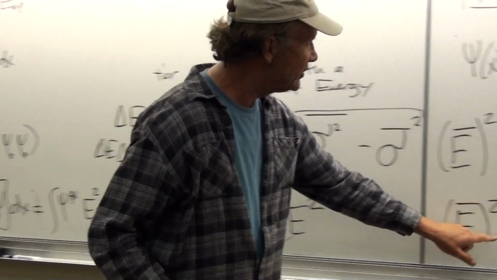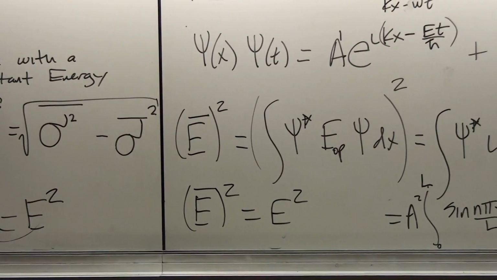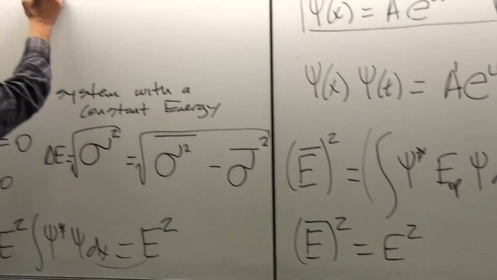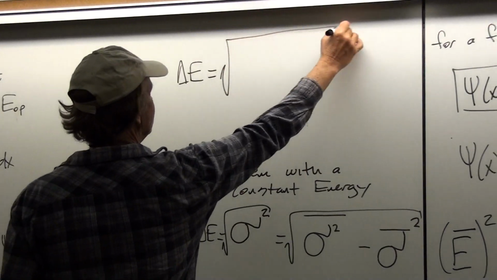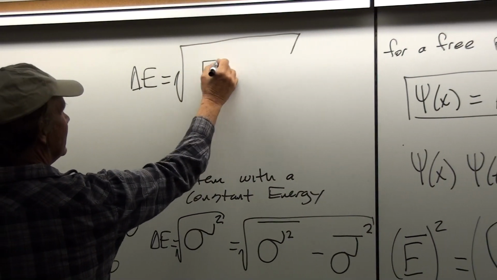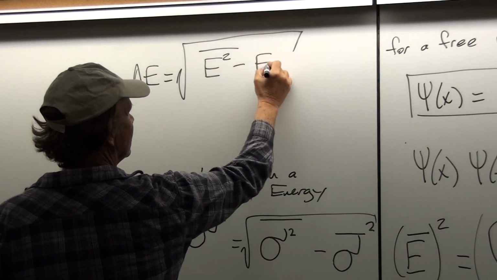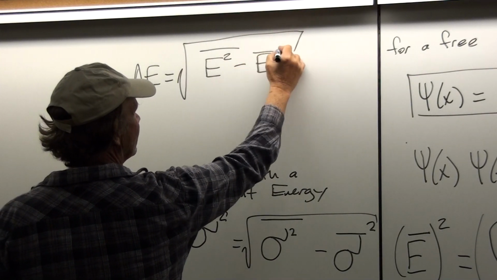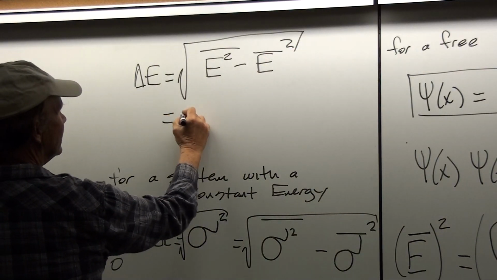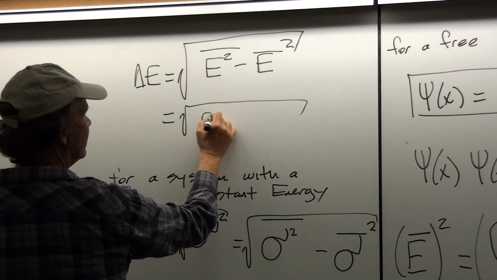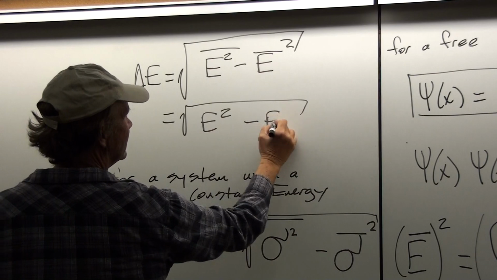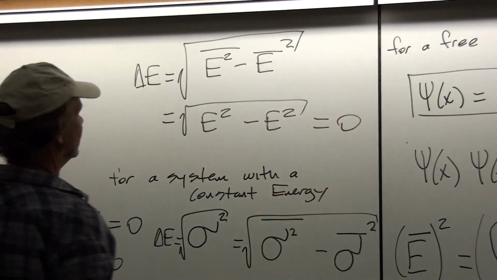But E average squared is also E squared. And so delta E is equal to the square root of E squared average minus E average squared. That's just equal to the square root of E squared minus E squared, which is 0.